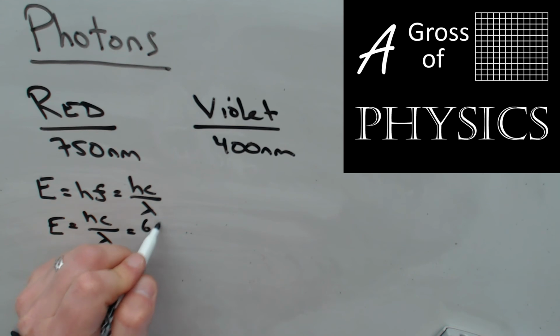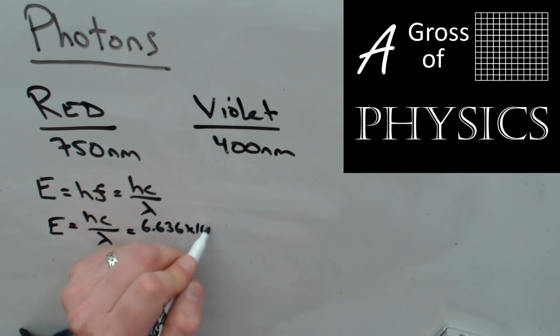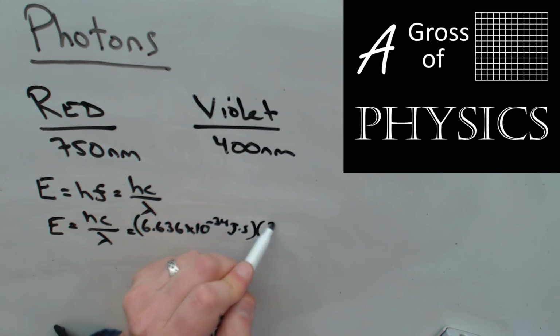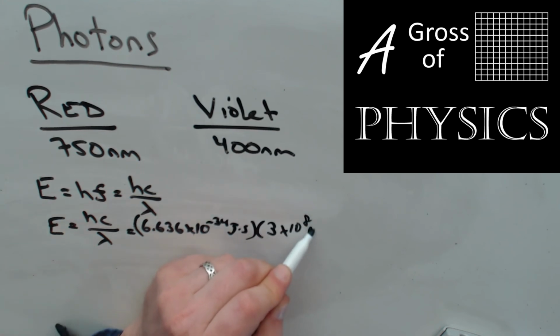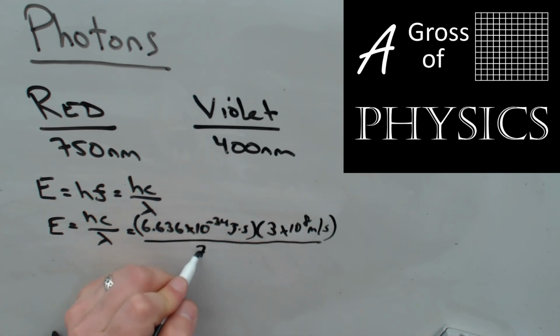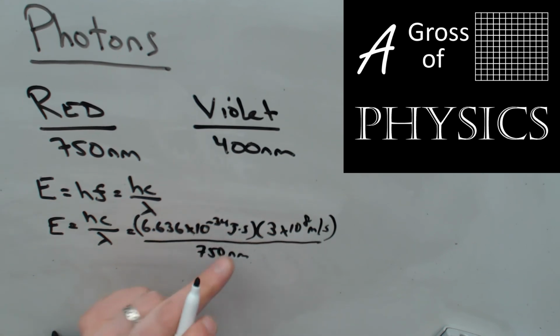So h, 6.636 times 10 to the negative 34 joule seconds. C is the speed of light, 3 times 10 to the 8 meters per second. And that's all over, for red, we'll use 750 nanometers. Now, instead of nano, let's just convert it right now, times 10 to the negative 9 meters.